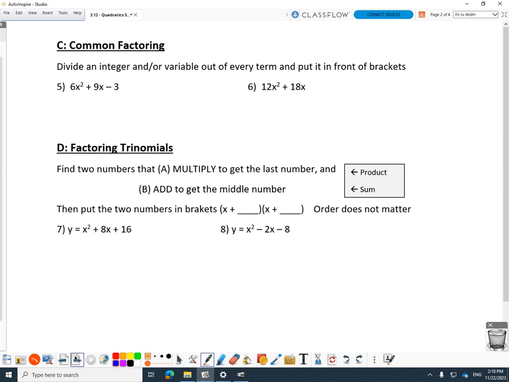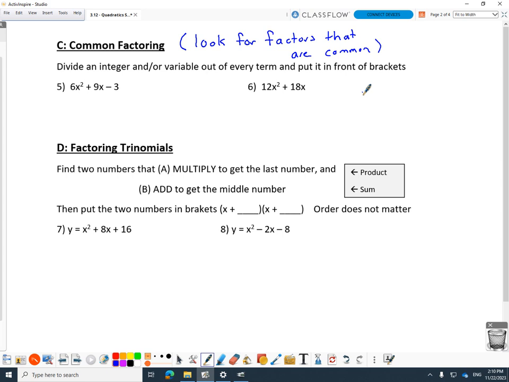All common factoring is, here, write this on your review. Look for factors that are common.